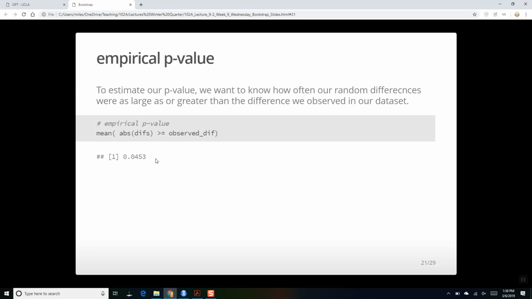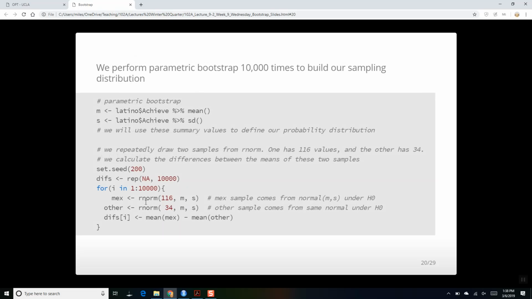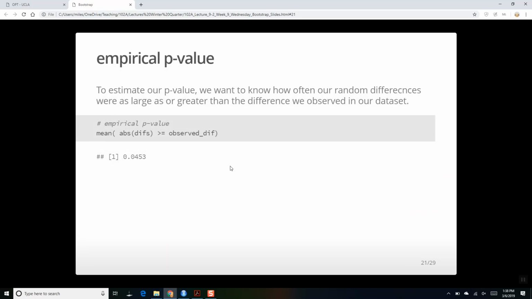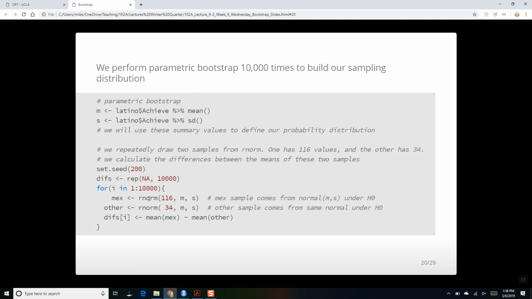Which makes sense, because the t-distribution assumes that the sampling distribution is normal. If we're going to make assumptions that the population is normal, then we're basically making the same assumptions when we created this sampling distribution ourselves. This should have been covered in, I don't know, 100B.